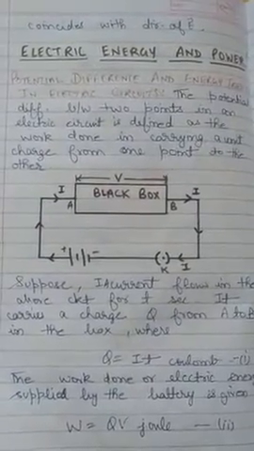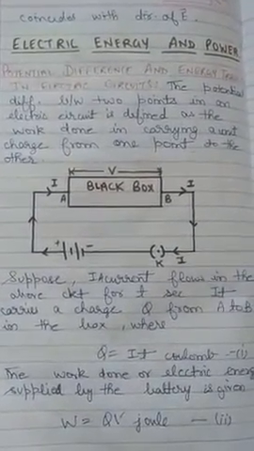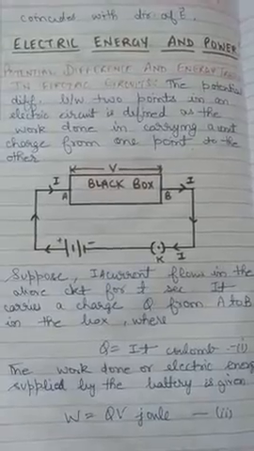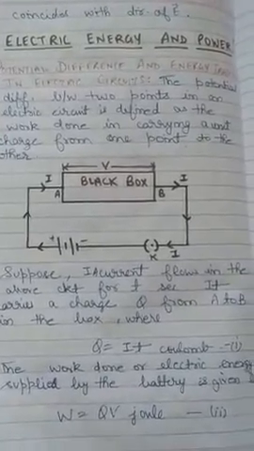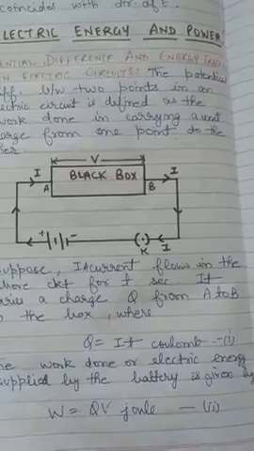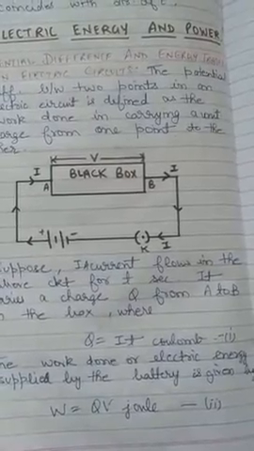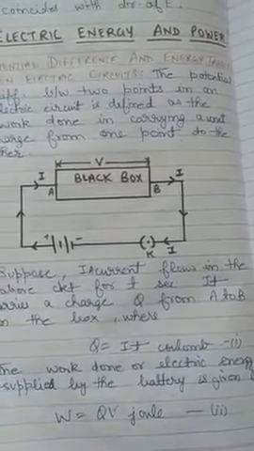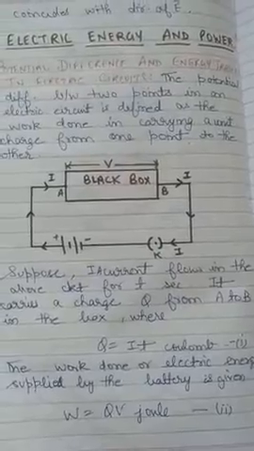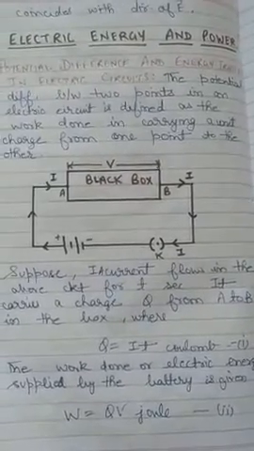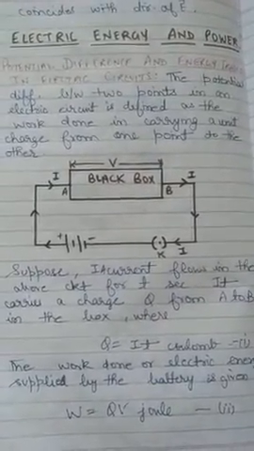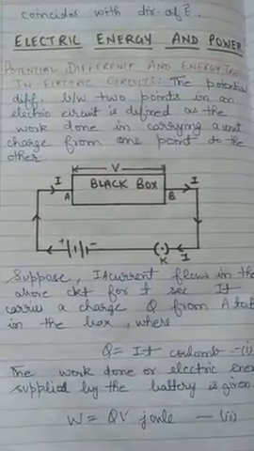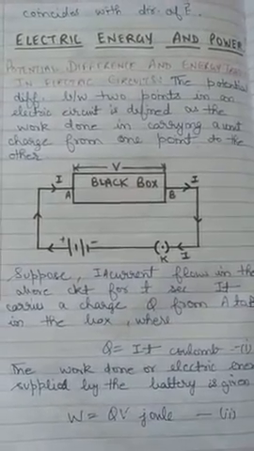So first, potential difference and energy transfer in an electric circuit. As you already know about electric potential and electric potential difference, electric potential we define as the work done in bringing a charge from infinity to a point, and we define potential difference as the work done in carrying a charge from one point to another point.